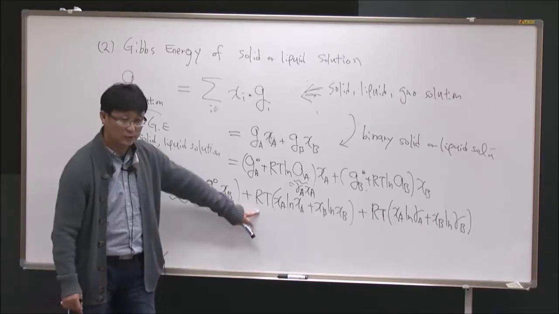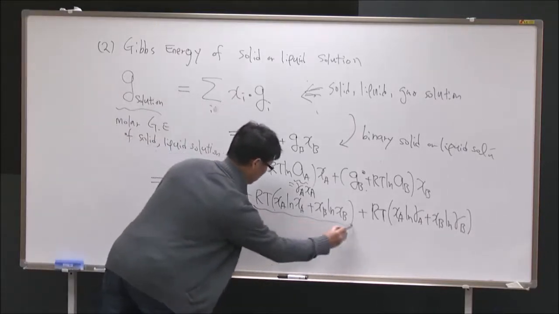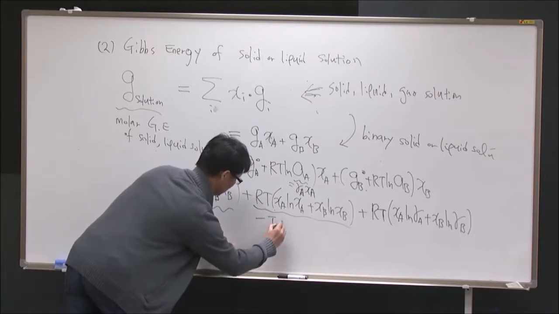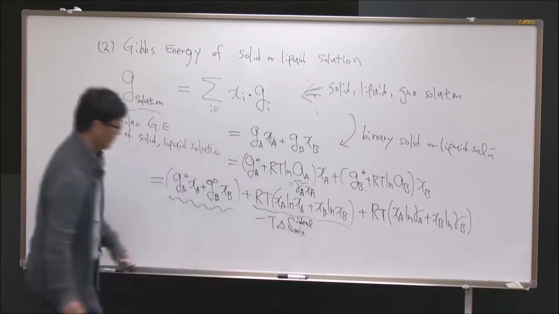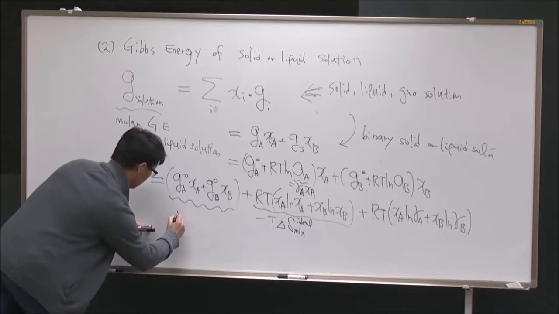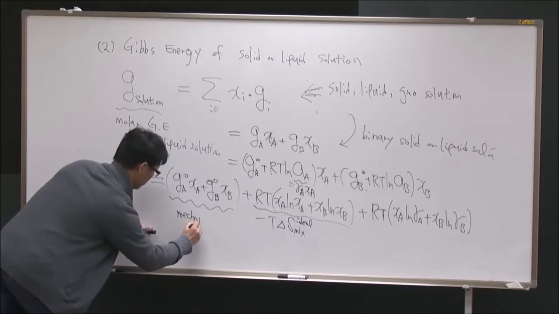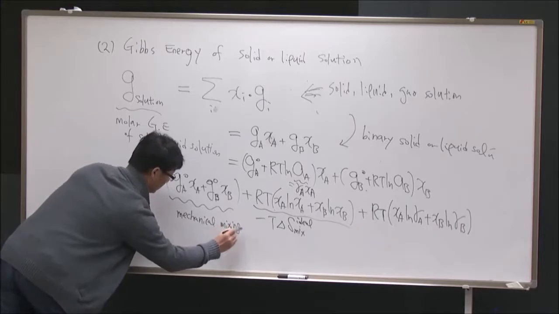So that's exactly the same term here. So this is basically minus T delta S of mixing, ideal. That's this term. And this is the so-called mechanical mixing term.